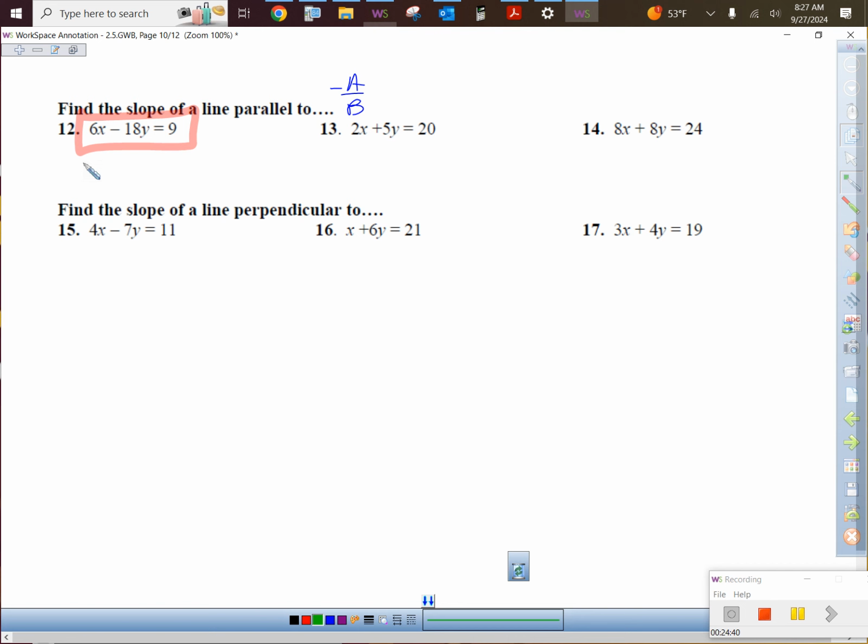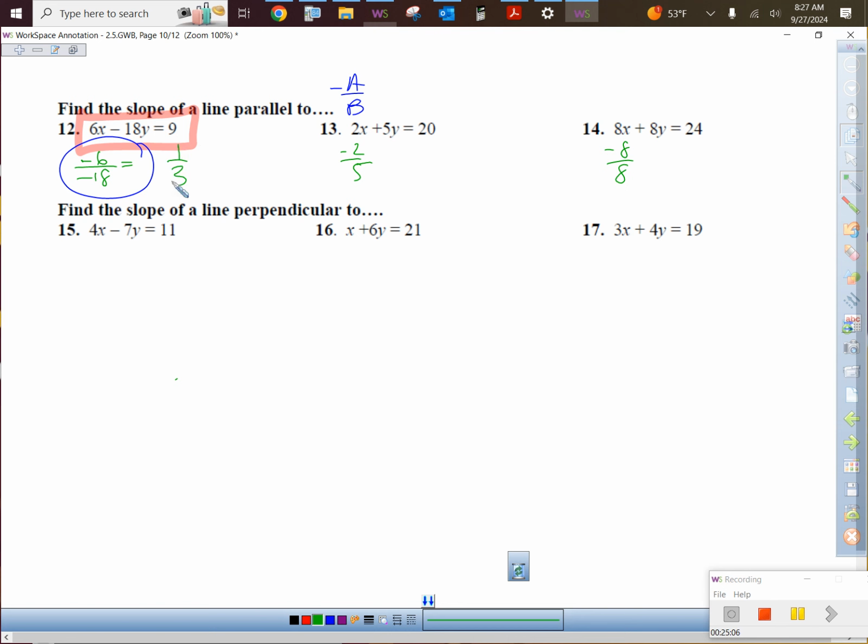So -6 over -18. Then you could reduce that. I did not reduce any of them, but some of them will reduce. What does negative 6 over negative 18 reduce to? Positive 1/3.